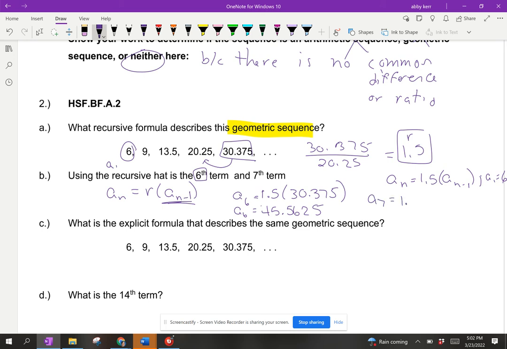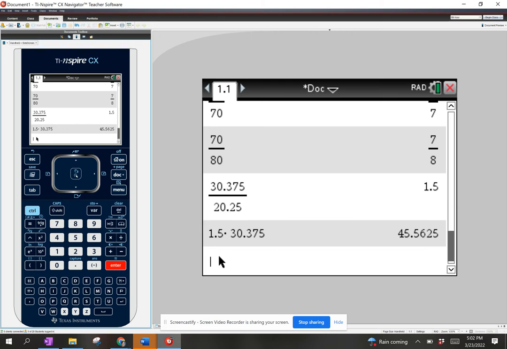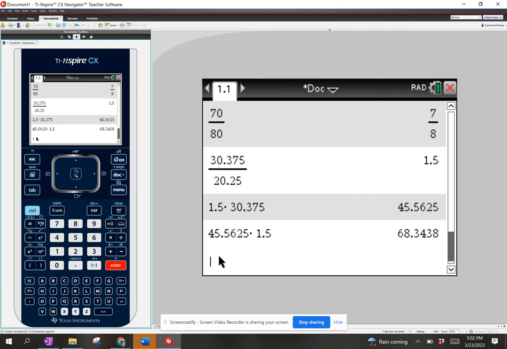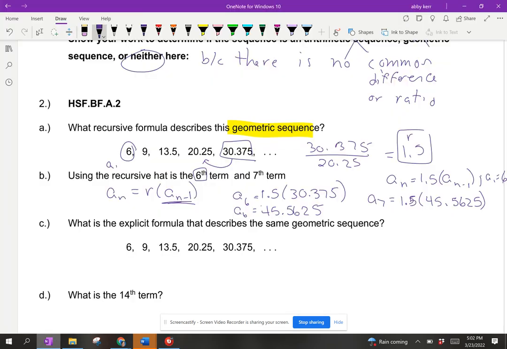You have the ratio times, now the previous term is the answer that we just found. So then we're going to put that in. And if you do it right away, you can just do the answer times 1.5. And then it's going to be 68.3438.